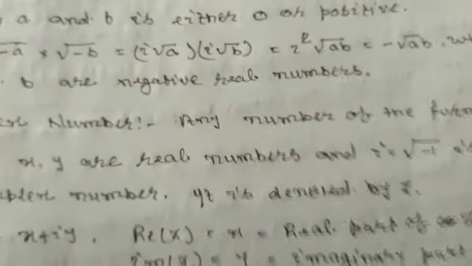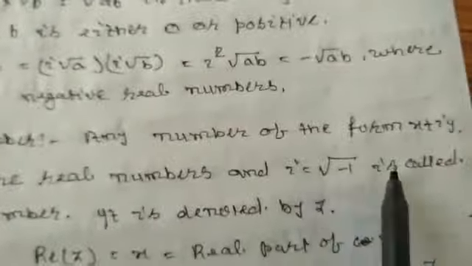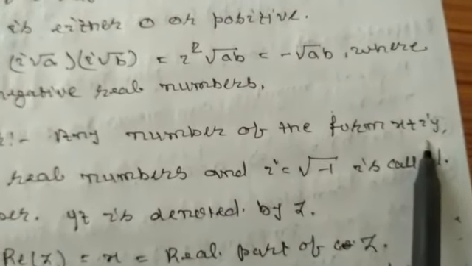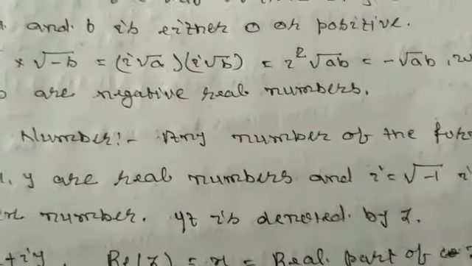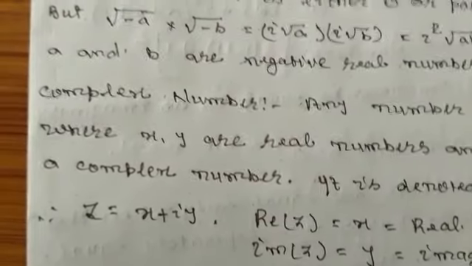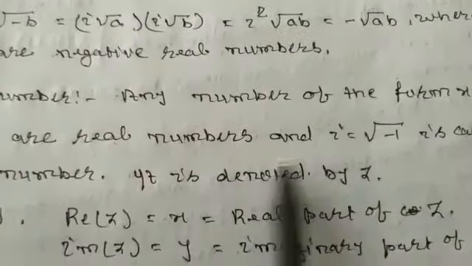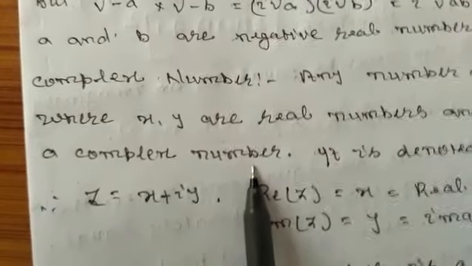Now, complex number. What is a complex number? Any number of the form x plus iy, where x and y are real numbers and i equals under root of minus 1, is called a complex number.